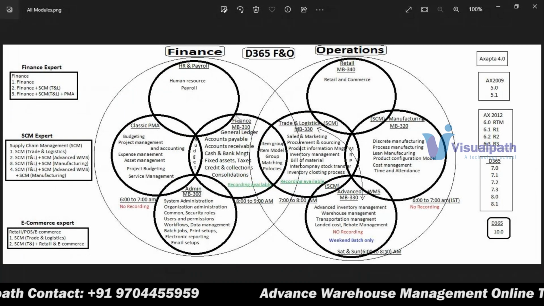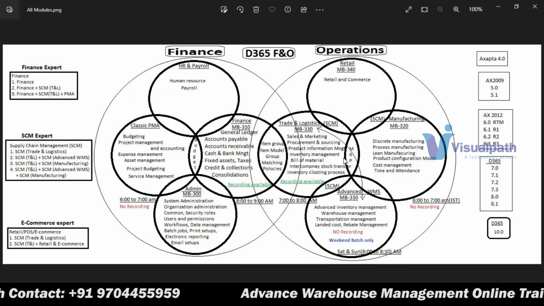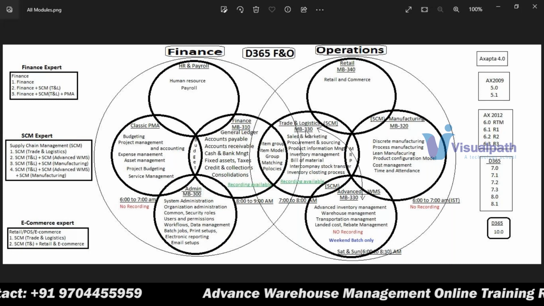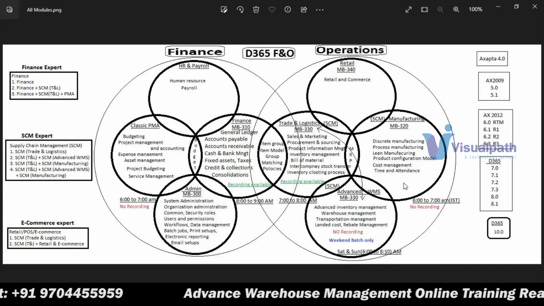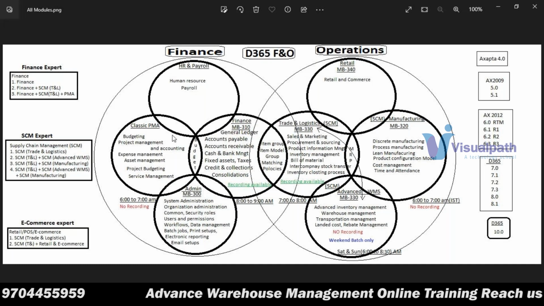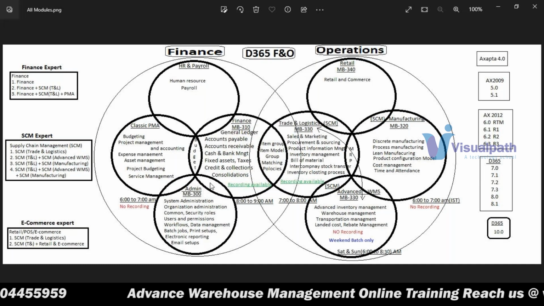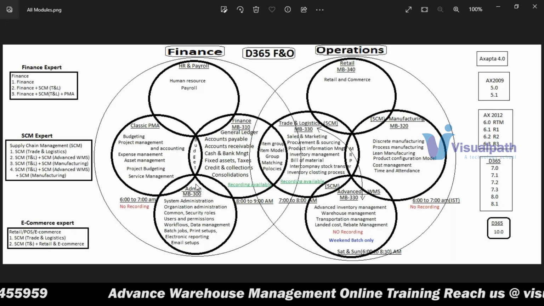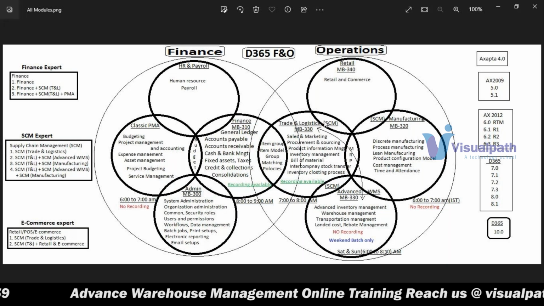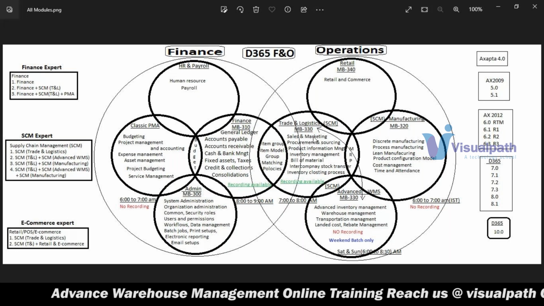Finance is one module, trade and logistics part of SCM is one module, manufacturing is one module, project management and accounting is one module, and MB300, this is the core Microsoft function. In MB330, there are two parts.